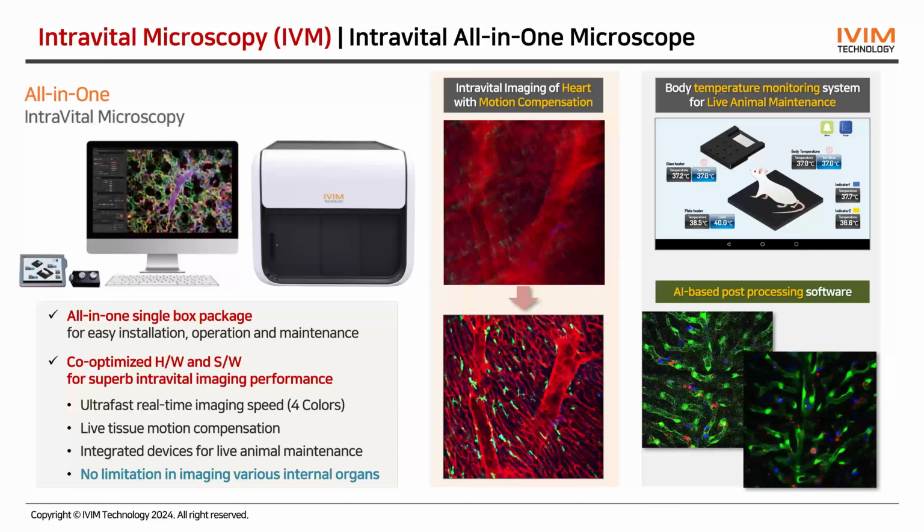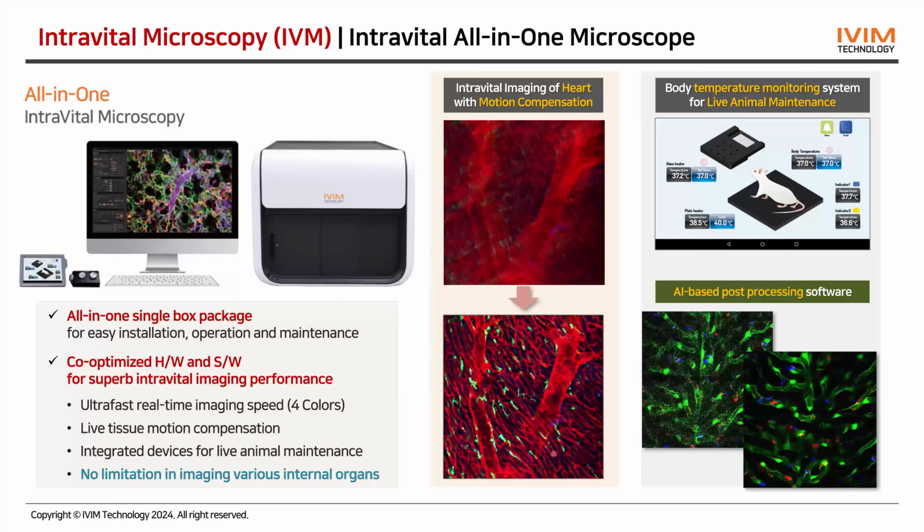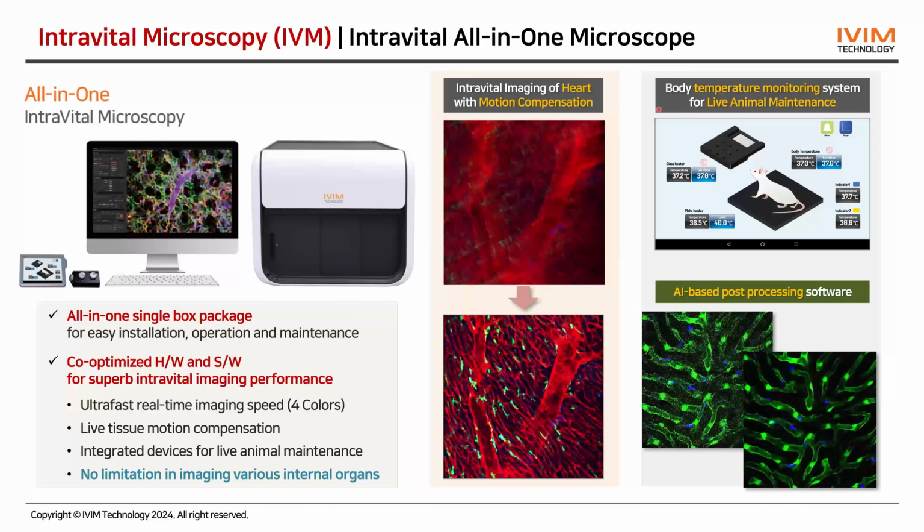Especially with automatic, hassle-free motion compensation functions and various apparatus such as a live animal maintenance system and various imaging window systems for a wide range of intravital applications, users can easily get high quality in vivo data without any limitation in imaging various live organs.